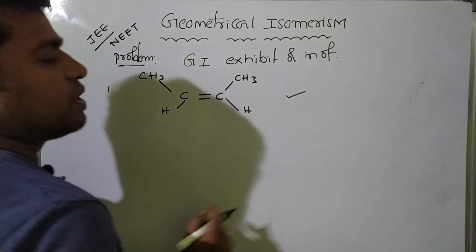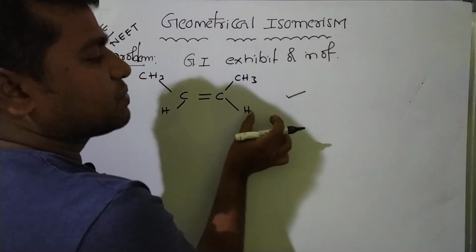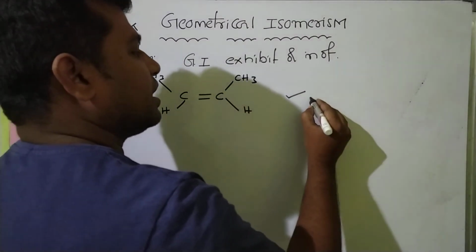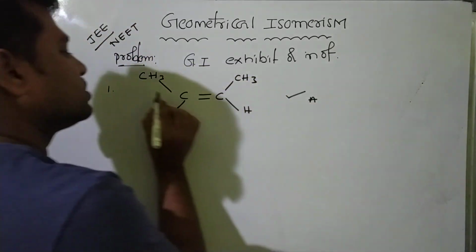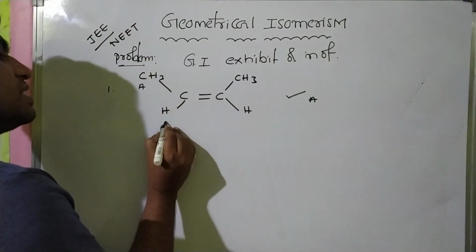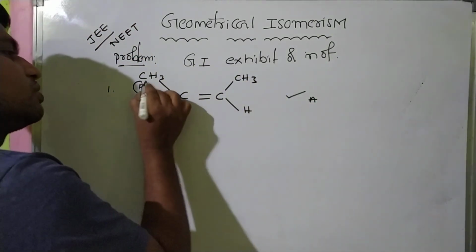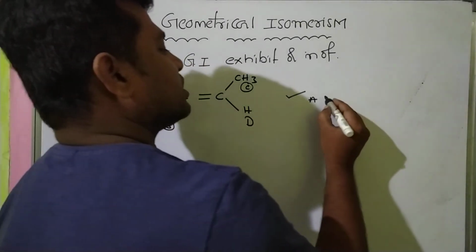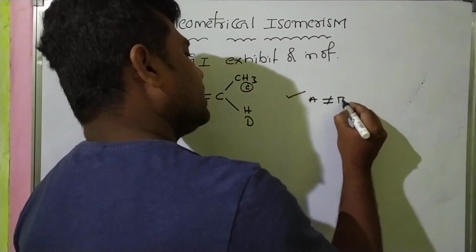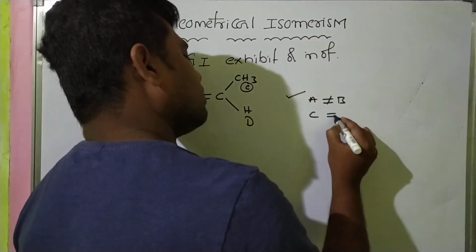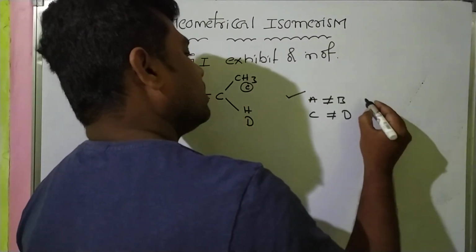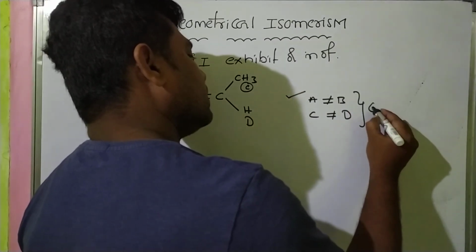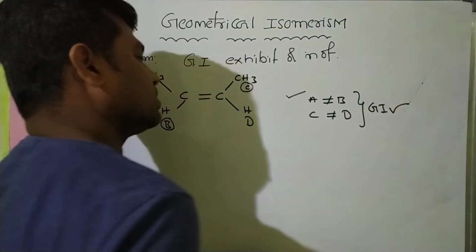What is the main requirement for alkenes? Suppose this is A, this is B, this is C, and this is D. The condition is A not equal to B and C not equal to D. Then that molecule will give geometrical isomerism.